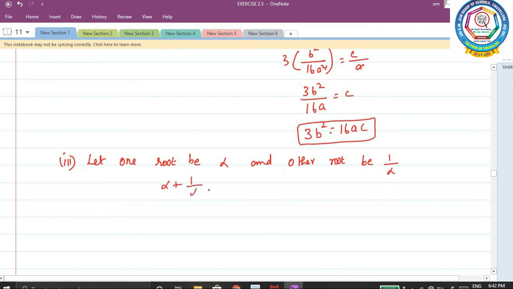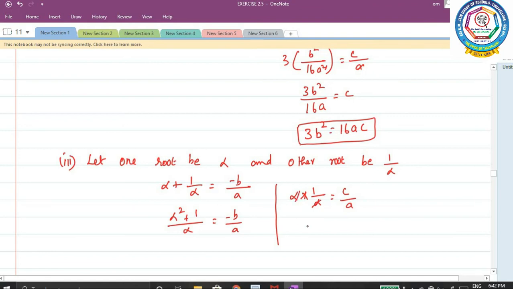Alpha plus 1 by alpha is equal to minus b by a. Taking cross multiply, alpha square plus 1 by alpha is equal to minus b by a. But we have to find the condition only. Next you have to take the product of roots. What is the product of roots?